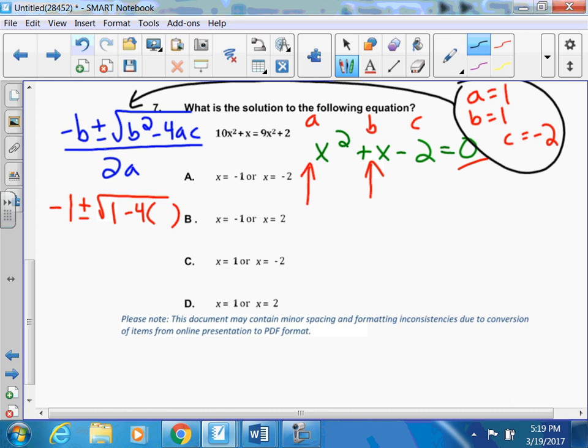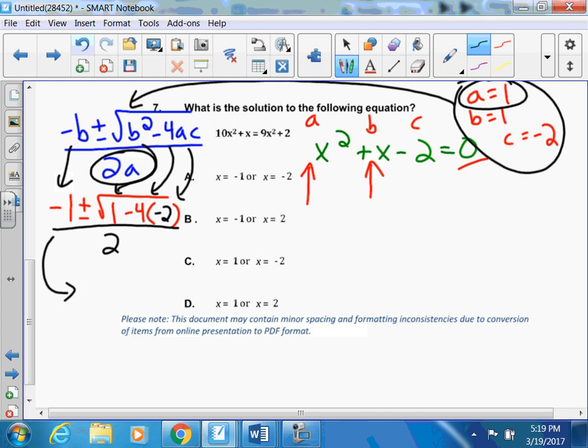I plugged in 1 for B. That's what gave me the negative 1. 1 squared gives me the plus 1 here. Minus 4, and then I have to do A times C right there. Well, A times C, that's 1 times negative 2, that's negative 2. All over 2 times A on the bottom. Well, A is 1. See 1 up here for A. 2 times that is 2.